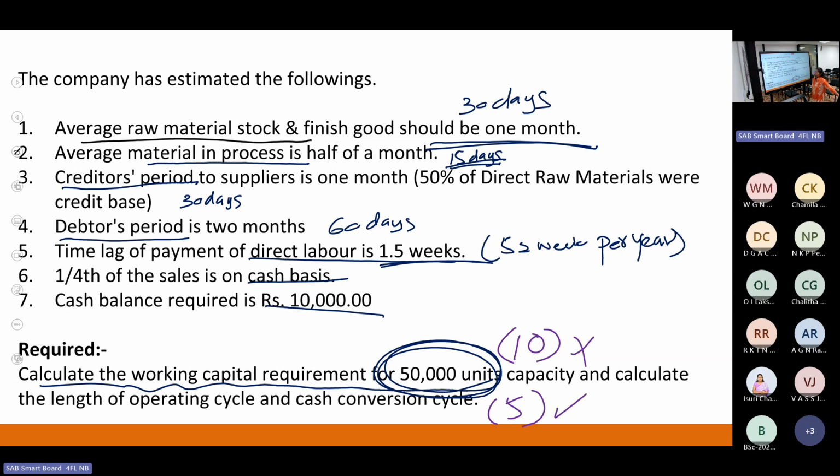By looking at the question itself, you can get the 5 marks within 1 second by calculating the NOC as well as the CCC. Why? You were given the dates. So we'll go to the calculation of the operating cycle.